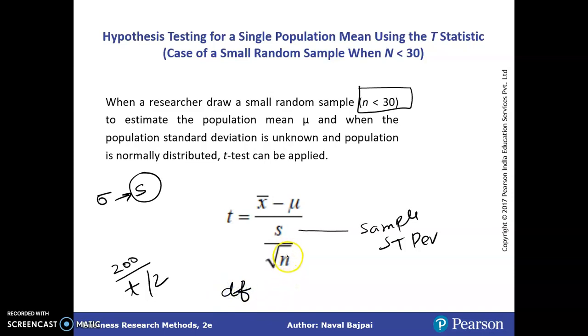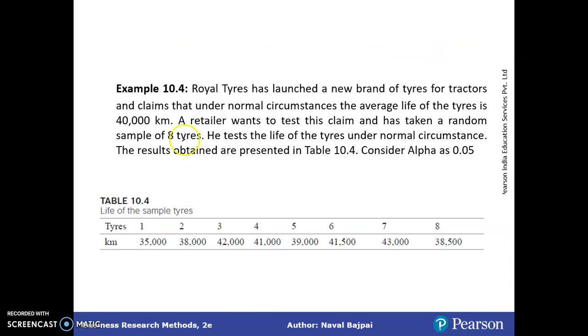The corresponding p value will be calculated based on the t value and degrees of freedom. We'll have an example, calculate the t statistic and do the t-test. So let's have this example 10.4.